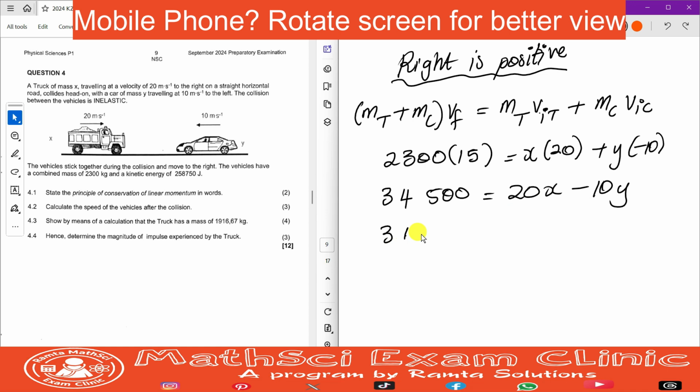Now we did say that wherever we see y, we're going to put 2,300 minus x.